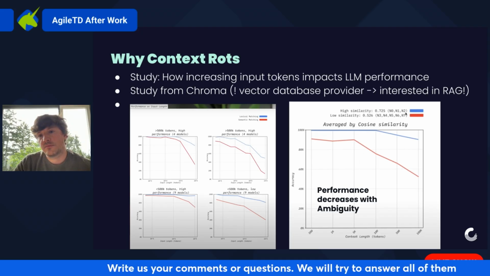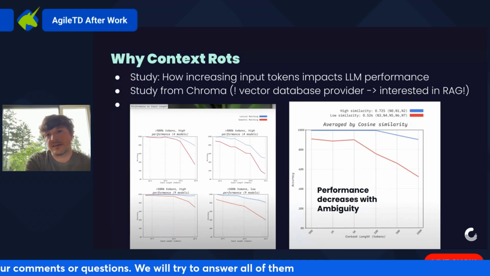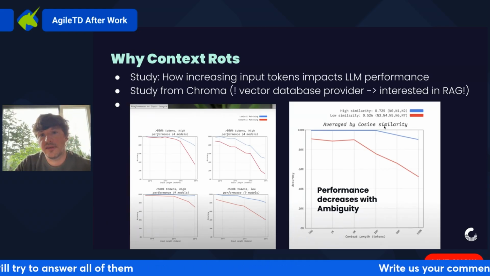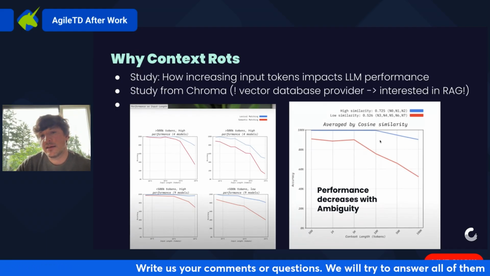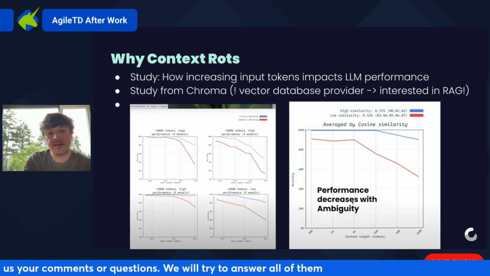If you use highly similar words, then it doesn't degrade as much as with lower cosine similarity. So this means that performance decreases with ambiguity.